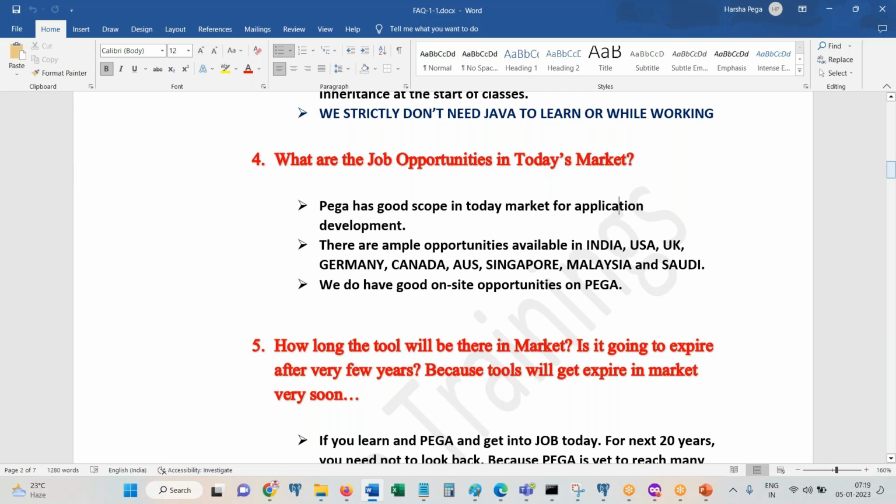Okay, but remember one thing, the world will not be like this forever. Sometimes there will be freeze, sometimes there will be huge hiring, sometimes there will be normal hiring as per the market situations. So there will be ups and downs in every market, not only the software field, everywhere else.